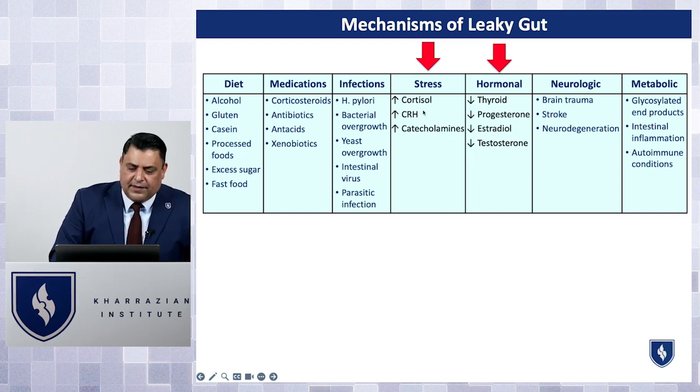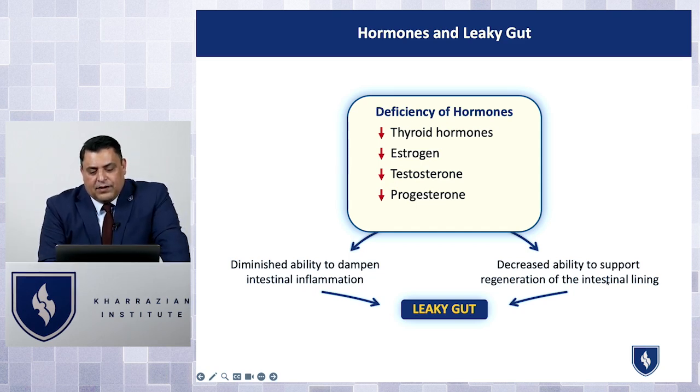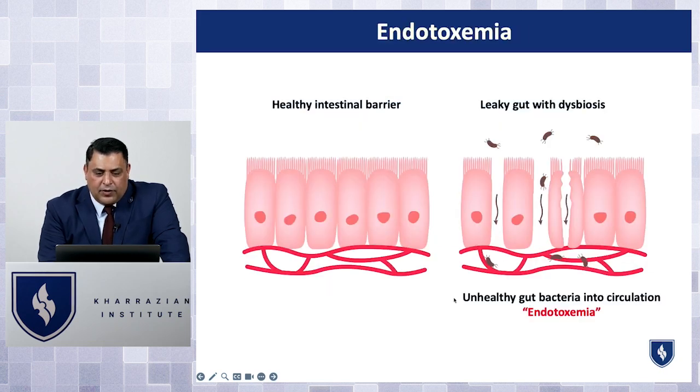Also stress hormones that are elevated are going to cause breakdown of the gut barrier. So when you have someone who's got deficiency of these thyroid hormones, they have diminished ability to dampen intestinal inflammation. These have anti-inflammatory effects in the gut, and they have decreased ability to support regeneration of the intestinal lining, right? So hormone deficiencies make it very difficult to restore leaky gut patterns.